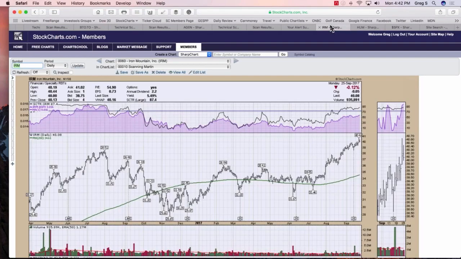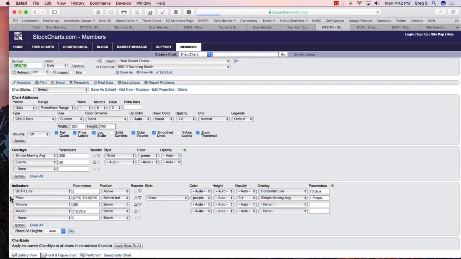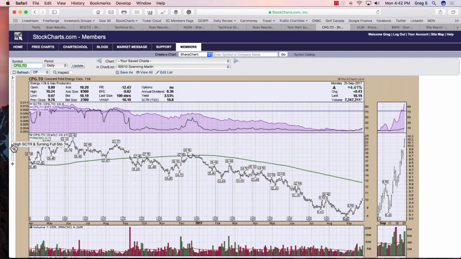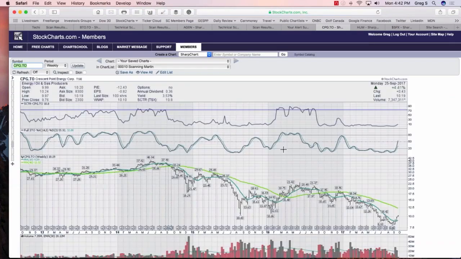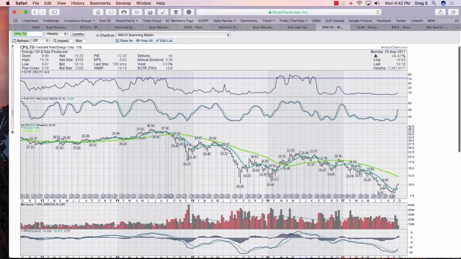So if we just go look at Crescent Point, cpg.to, and that was for a weekly scan. And what we're looking for here is a scan basically telling us when the full stochastics finally gets back above 20.